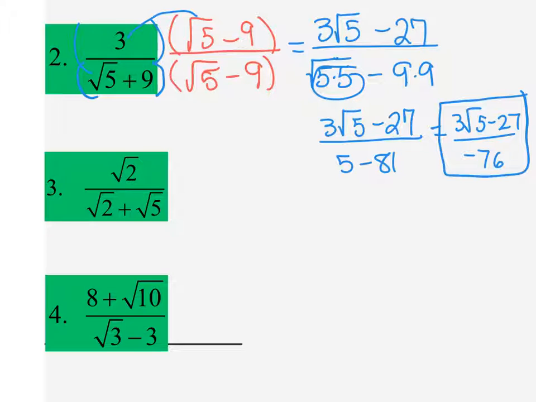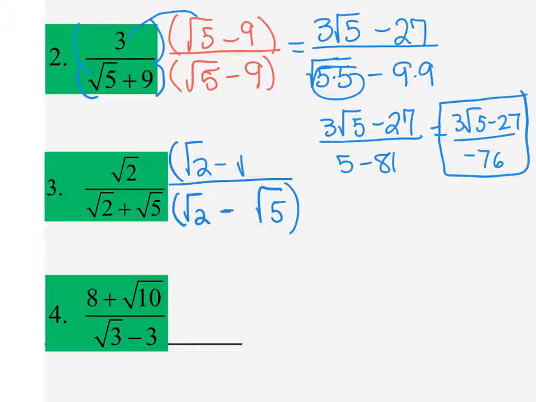Check out number 3. What's the conjugate? Square root of 2 and the square root of 5 are the terms. This one has a positive, so we're going to find the conjugate, subtraction. Multiply the top and the bottom by the same thing. Now we distribute here.